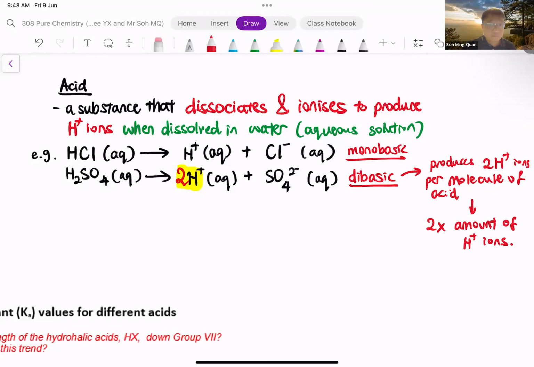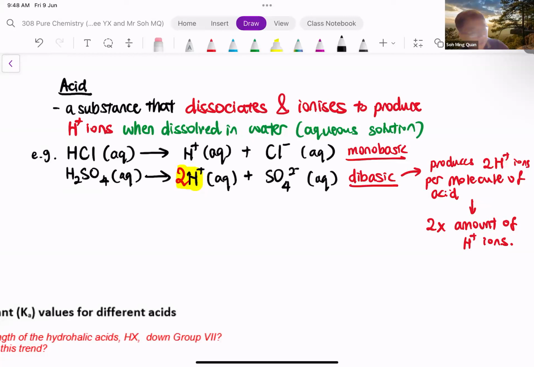Hence, if I have 1 mole of sulfuric acid, I have 2 mole of H+. This also works for concentration. If I have 1 mole per dm cube sulfuric acid, it will have 2 mole per dm cube H+. So it's double the amount of H+ ions.